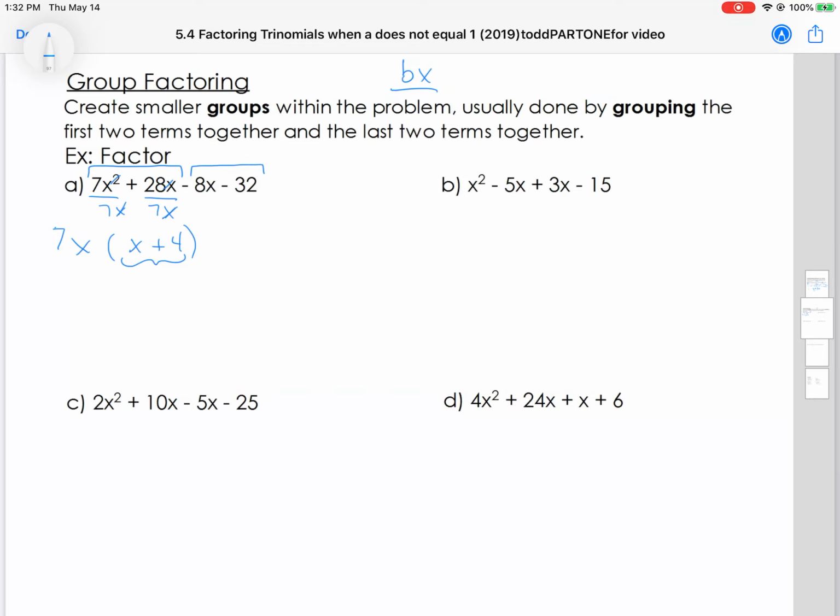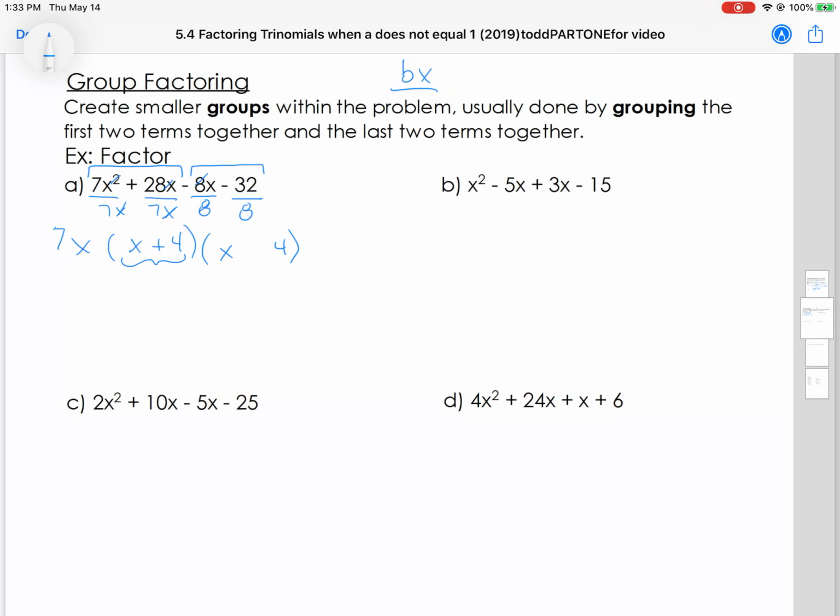So here, if we want to get x plus 4, then we're going to divide by 8. And 8 goes into 32, so then these 8s cancel. You're left with x, and it goes into 32 4 times. If we only divide by the positive 8, then we're going to get negative 4.